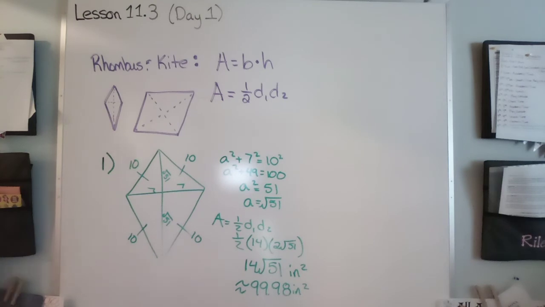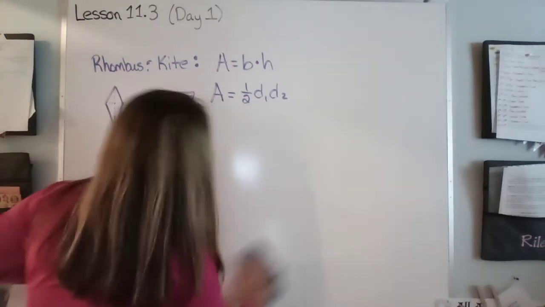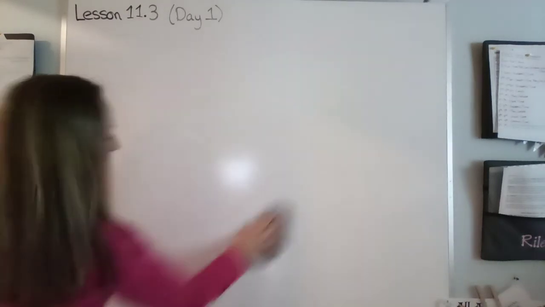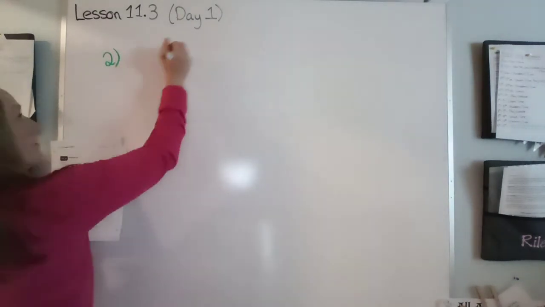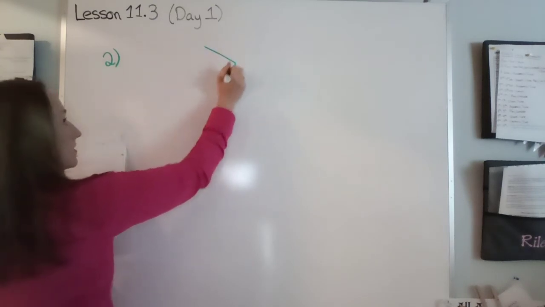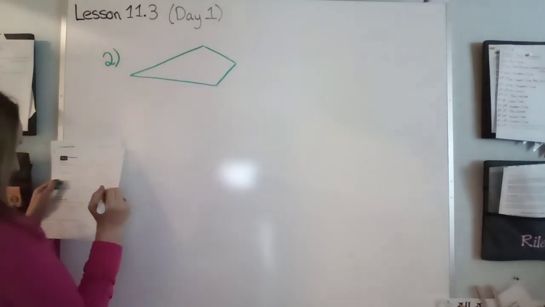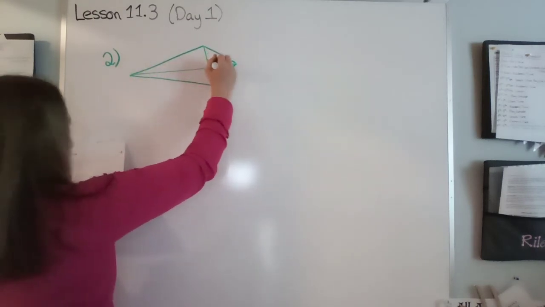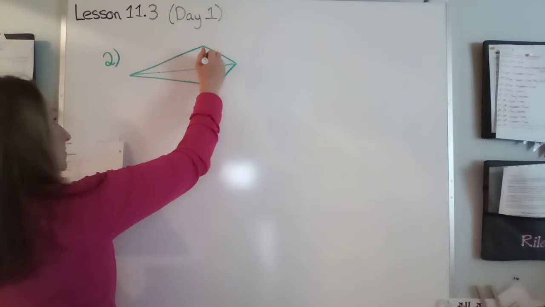All right, for problem 2, we have this kite, and you're given 3, 2, 2, and 5.